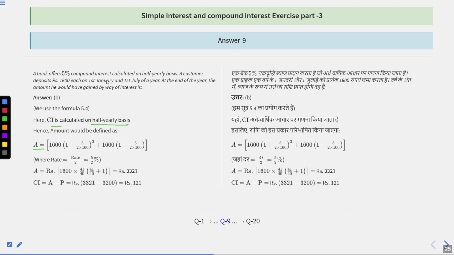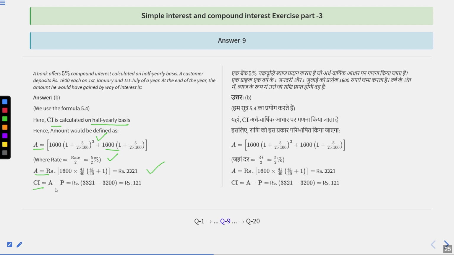For 1 year, it becomes half-yearly, so the power is 2, and the rate of interest is 5 by 2. For 1st July, it will become 1600 into 1 plus 5 by 2 upon 100, where the rate of interest is 5 by 2%. When we calculate it, we get the amount equal to 3321.